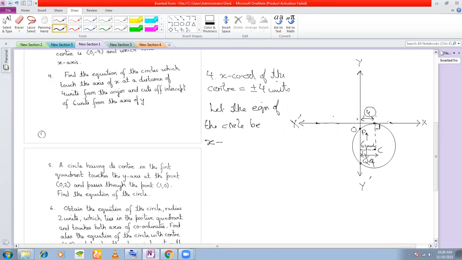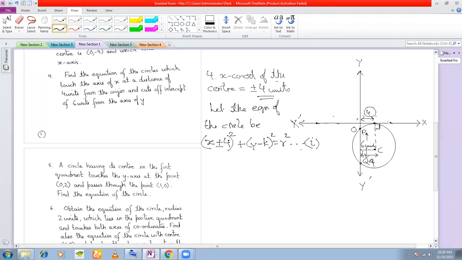But what is h here? h here is plus or minus 4. So I'll write plus or minus 4. x minus h whole square plus y minus k whole square is equal to r square, because we don't know the y coordinate of the center. That is why we have taken the y coordinate to be k, and the radius also we don't know, so we have taken it as r. So this is 1.